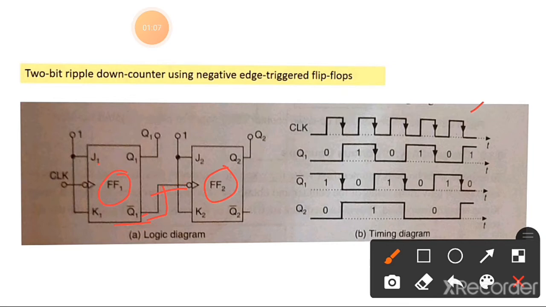Actually, all the flip-flops are reset, so the count starts from 0 0. Initially it is 0 0. For clock 0, it is 0 0.